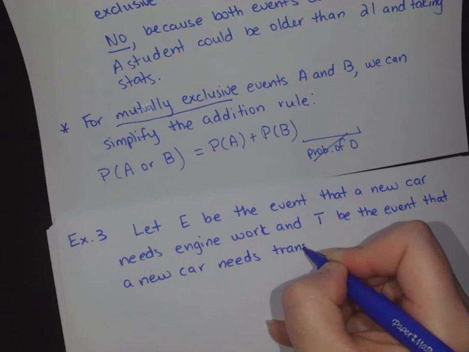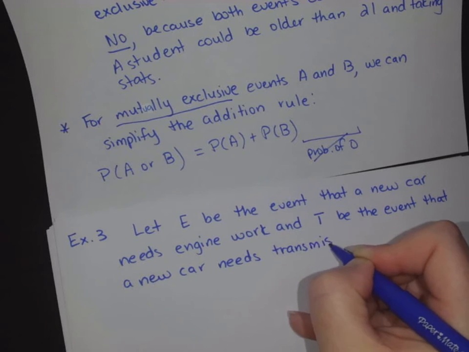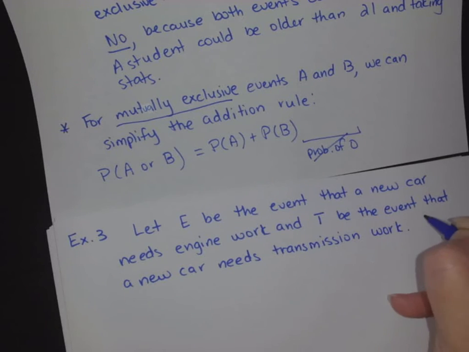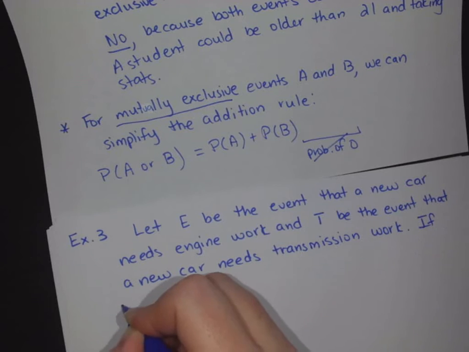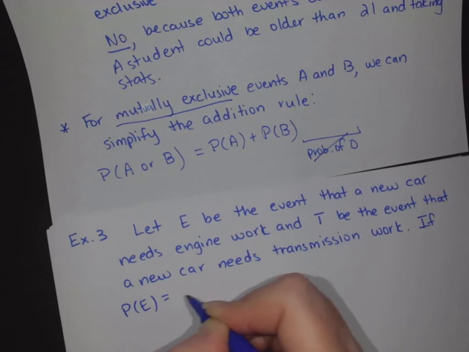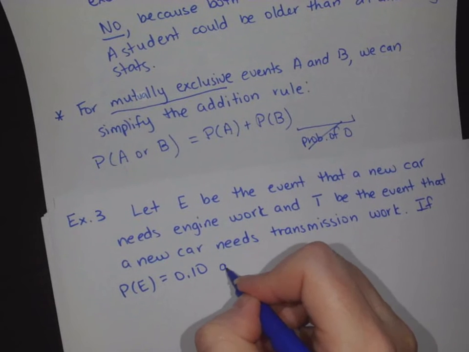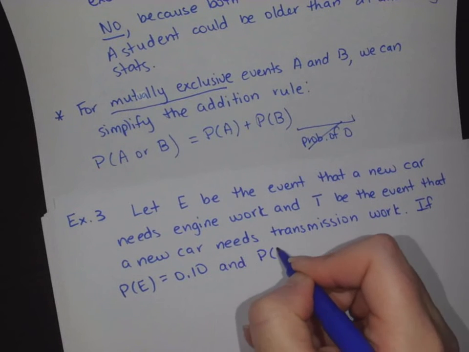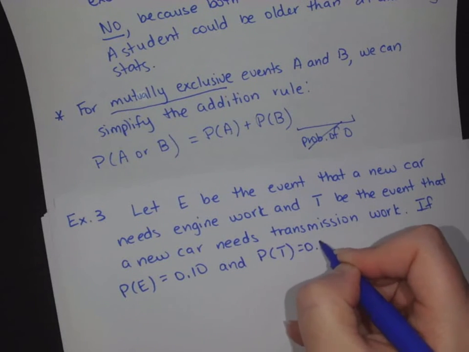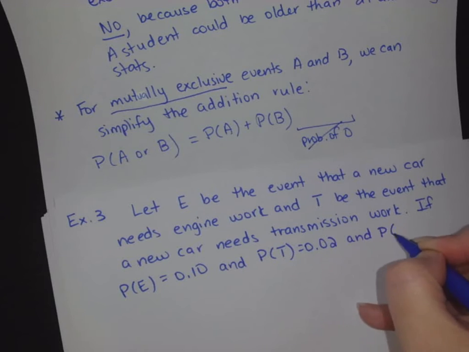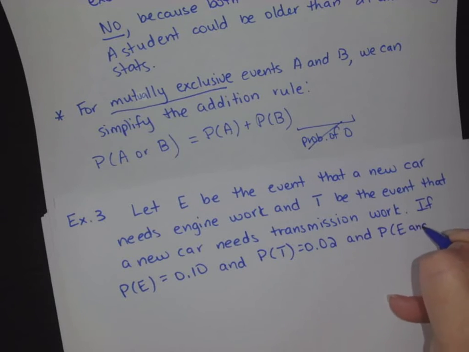So E for engine work, T for transmission work. Then let's say you're given the following probabilities. The probability of engine work is 0.10. The probability of transmission work is 0.02. And the probability that the car needs both is 0.01.